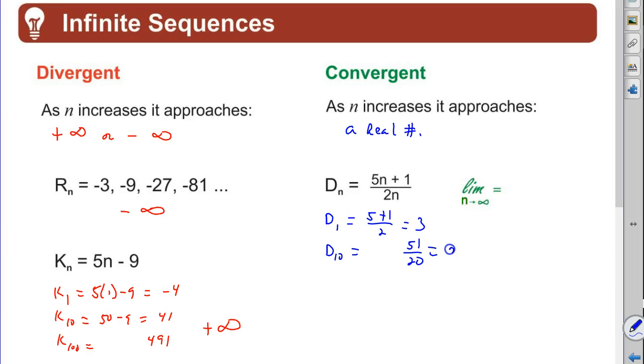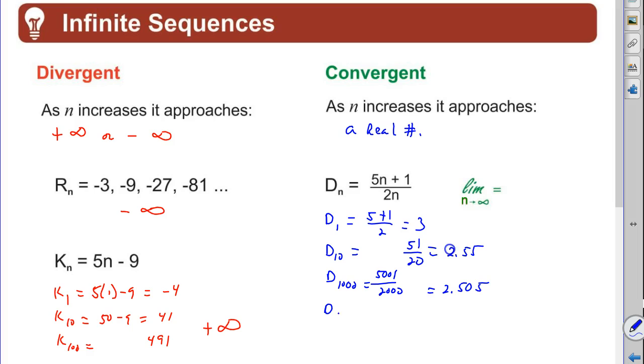This is a 2.55. All right, let's do d of 1,000. That's 5,001 divided by 2,000. Calculator: 5,001 divided by 2,000 equals 2.505. See what's happening here?